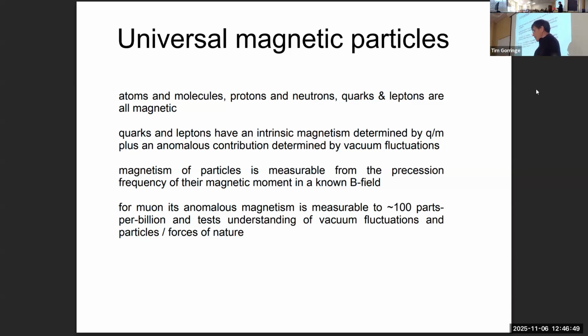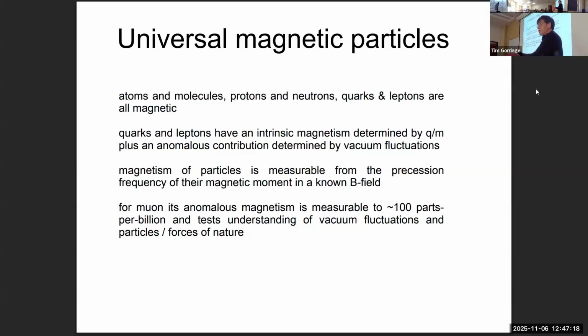It turns out that in the case of the muon, and it's even better than the case of the electron, you can measure accurately the anomalous piece of the magnetic moment. And you can compare it with your understanding of the vacuum fluctuations. In that way, you can test the standard model of particle physics, a model of what the elementary particles are.